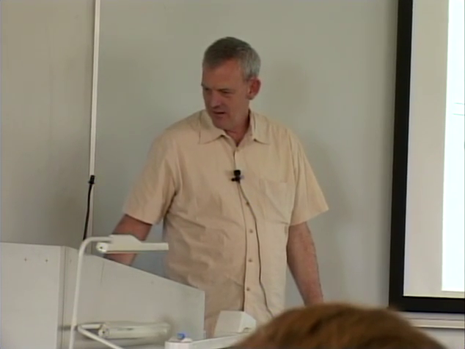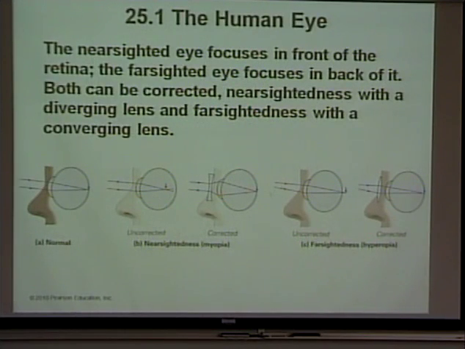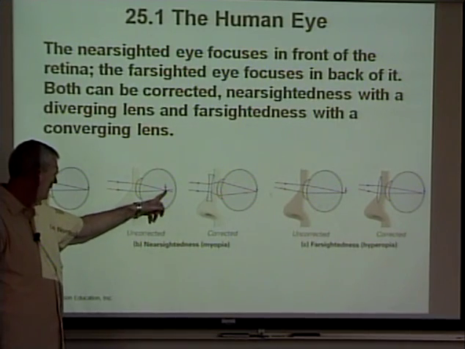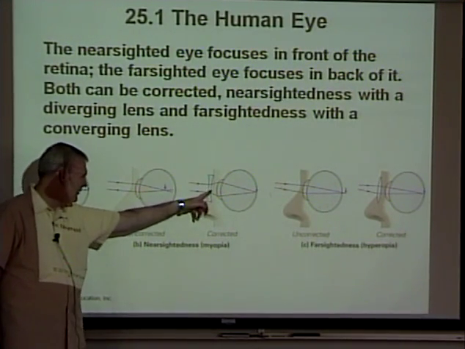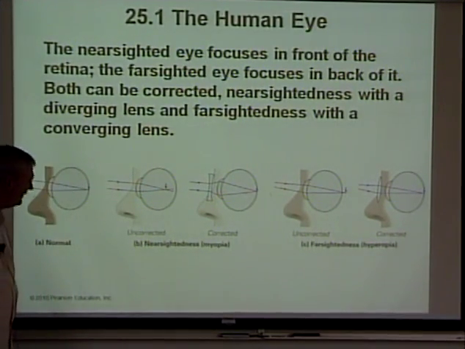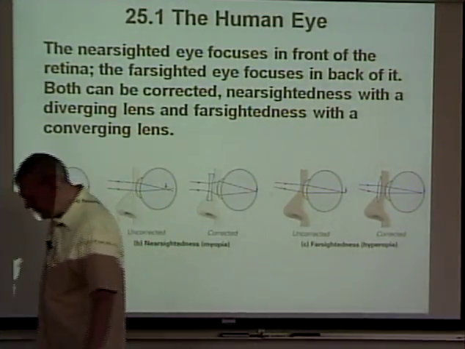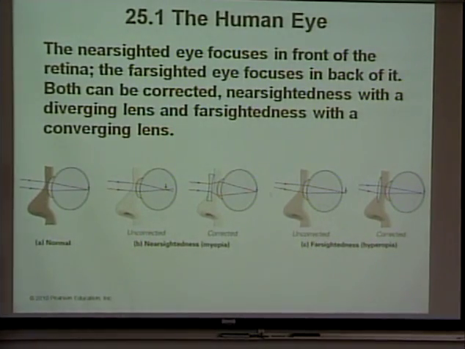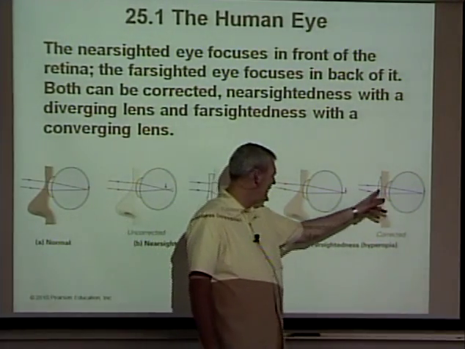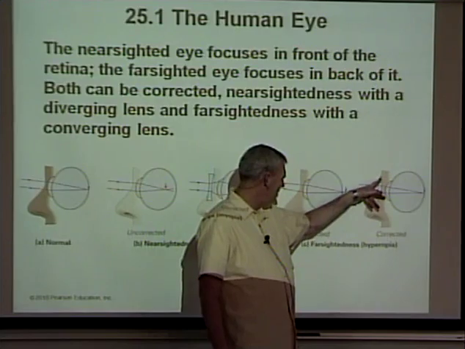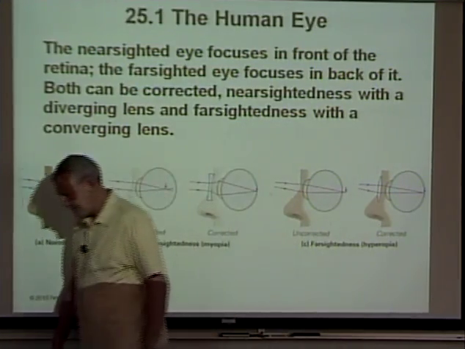Okay. All right, so for a normal eye, uncorrected, nearsighted appears closer, so you get a good old diverging lens for nearsightedness. And for those of us who are farsighted, we need help seeing things that are close up. Remember, we needed to make our lens thicker, and so the glasses help make the lens thicker.